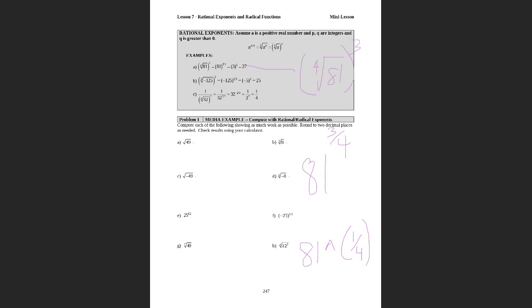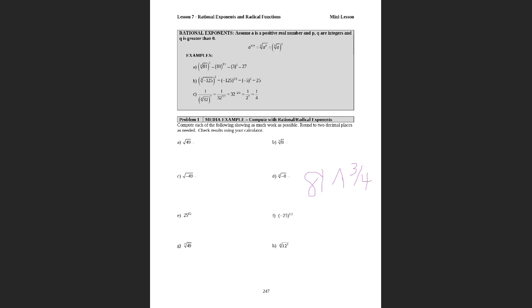Then you know that you have to put a third power there. Or you just decide to do it straightforward like that, 3/4. It's going to give you the same answer.